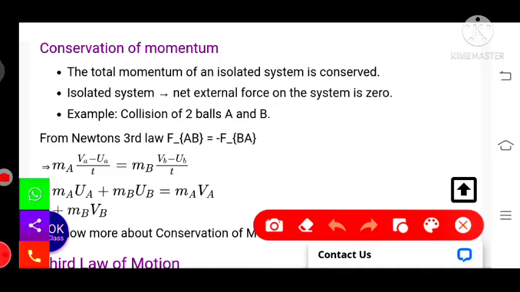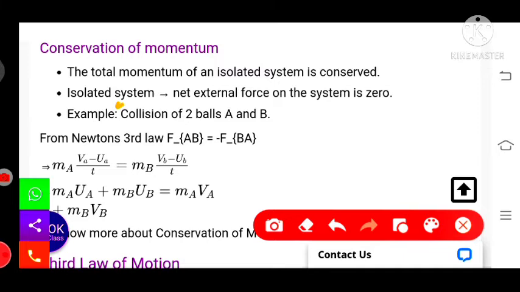In the above example, the car is the system, so the net external force applied on the car will be zero, so it is an isolated system.